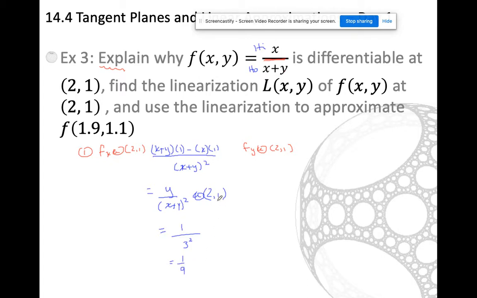So the derivative exists at 2, 1 and is continuous at 2, 1. How about this one? Still going to do high over ho, the quotient rule. This time x is constant, right? So it is the bottom times the derivative of a constant, which is just 0, minus the top, high, times the derivative of the bottom when x is a constant.